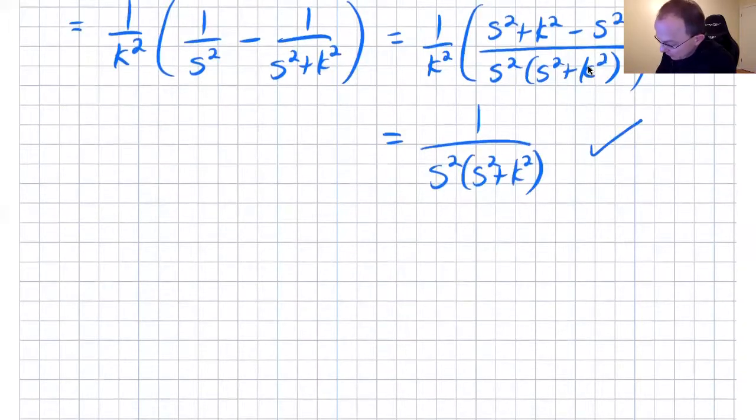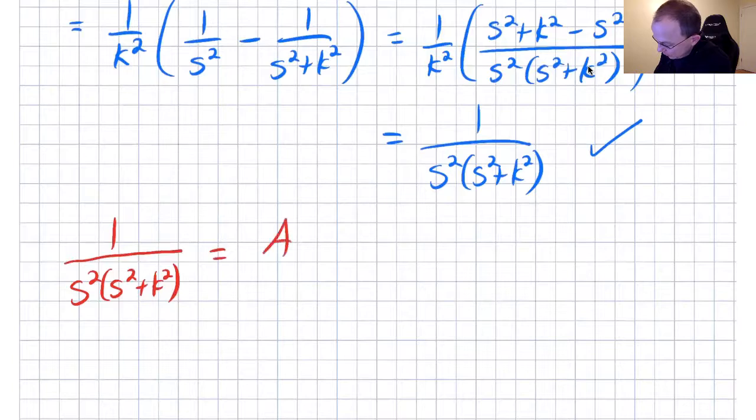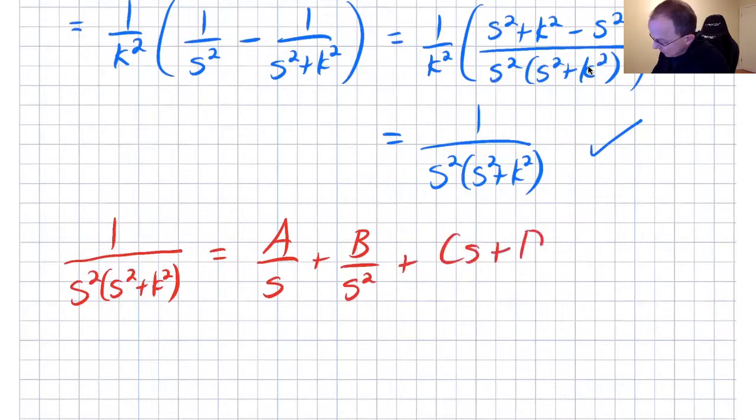Okay, so of course, another way that we could have done this is with partial fractions. So this one we could do with partial fractions because we would have 1 over s squared times s squared plus k squared, and we can write that out as A over s plus B over s squared plus Cs plus D over s squared plus k squared.